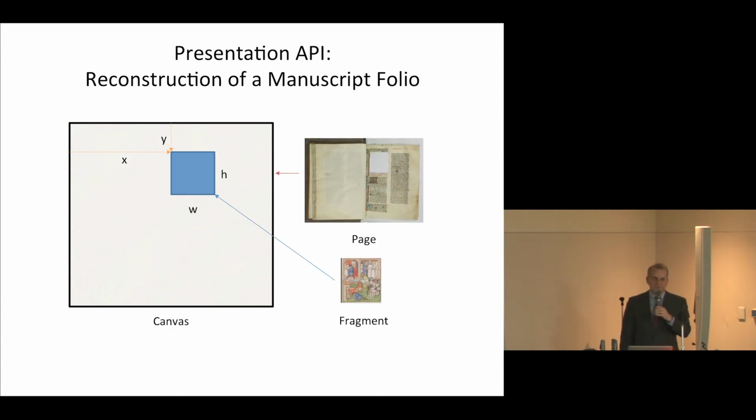Now, let me talk about one of the examples we've seen, which is the reunification of this manuscript that has had the miniature cut out. What does that look like in terms of the API? Well, we have a canvas, and the image of the page is annotated onto the entire canvas, and the image of the fragment, or the miniature, is annotated at the appropriate X and Y coordinate to fit the gap, and the height and the width are specified correctly so that that image is scaled to fit in the hole in the page.